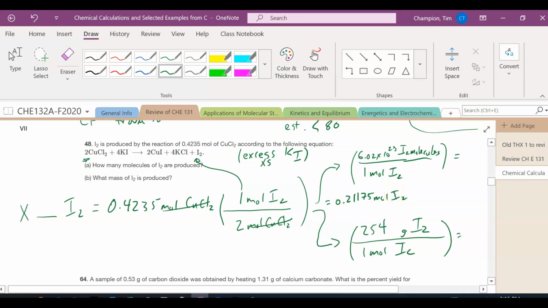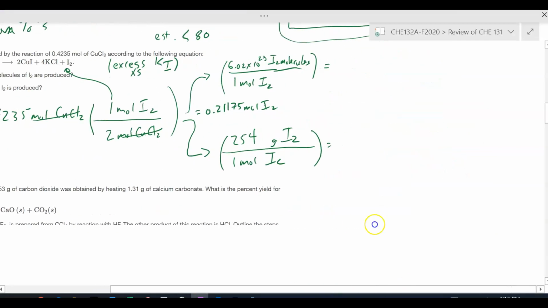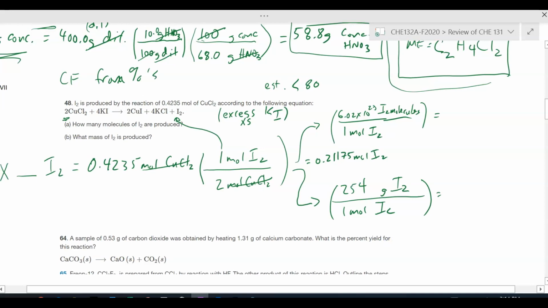If I multiply that times Avogadro's number, 6.02 times 10 to the 23rd, that's 1. Get a little more room over here. So, oh yeah, expand the thing back, sorry. All right, that's going to be 1.275 times 10 to the 23rd molecules, which of course you'd expect it to be a lot of molecules.